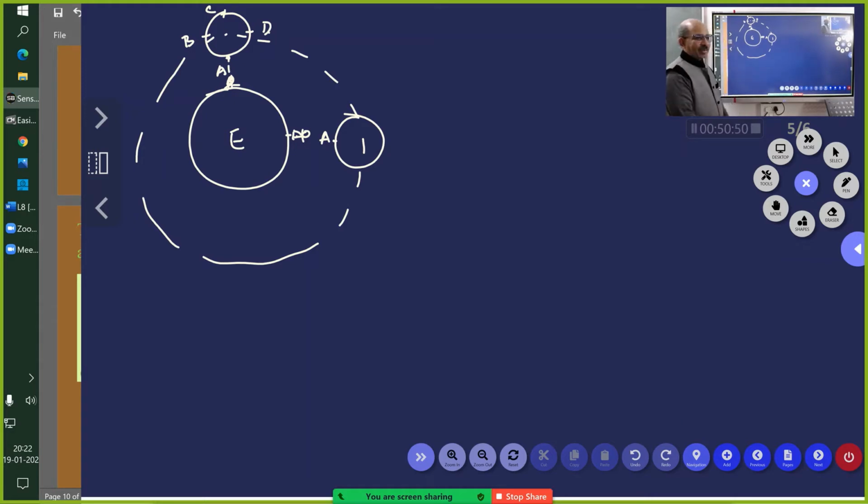See, if you are always seeing the same face of the moon, the same face of the moon, is the moon performing pure rotation about Earth?